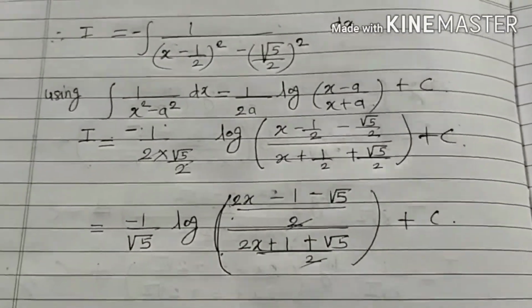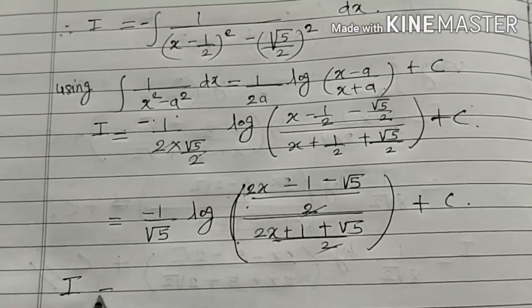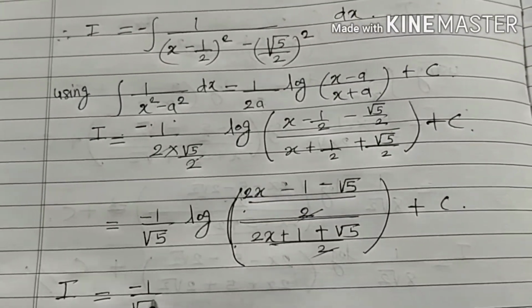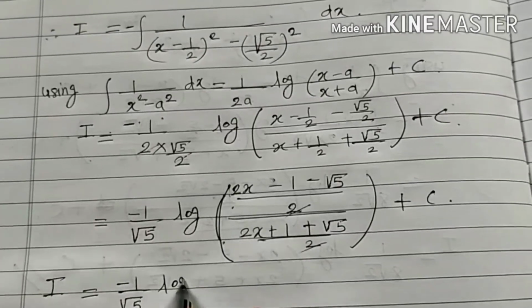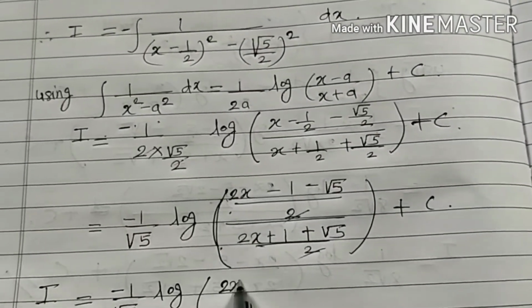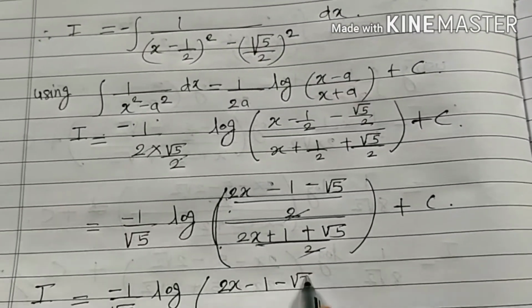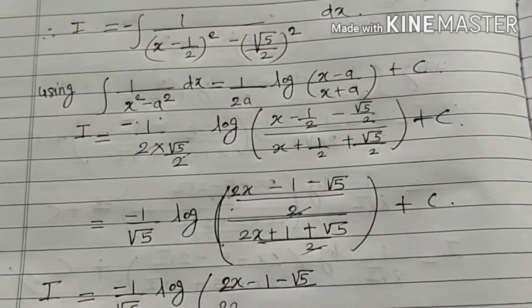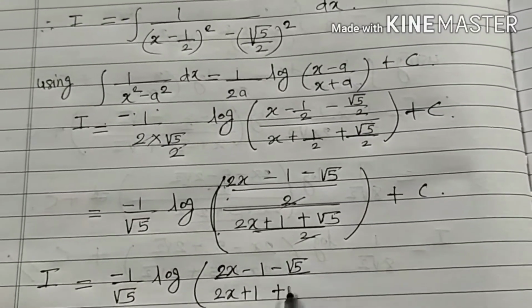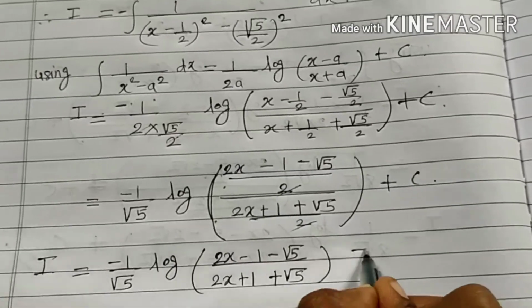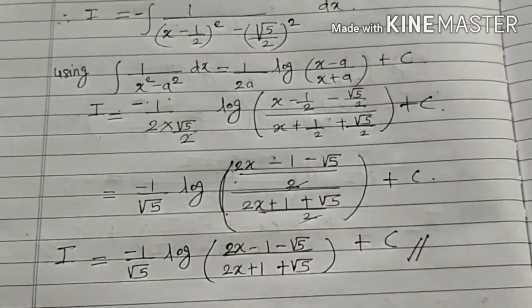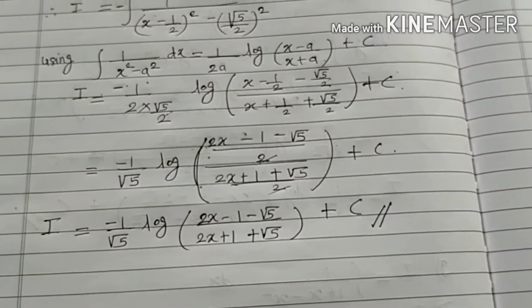The 2 gets cancelled, so our answer is I is equal to minus 1 upon root 5 log of (2x minus 1 minus root 5) upon (2x plus 1 plus root 5) plus c. So this is our answer.